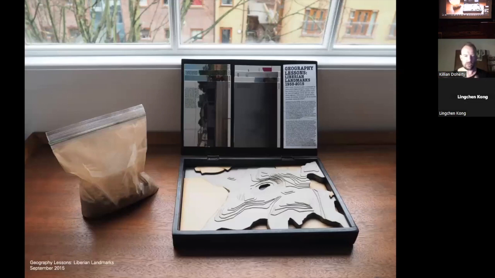Then it became a small project about telling people about this mine by going to the Olympic Park in London, showing them a model of the mine and trying to give them a sense of the scale of the footprint of the mine in Liberia in relation to the Orbit.